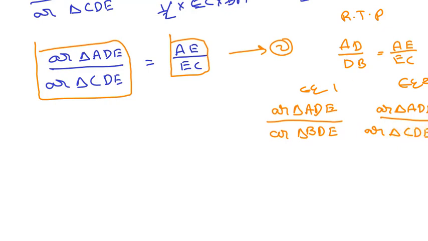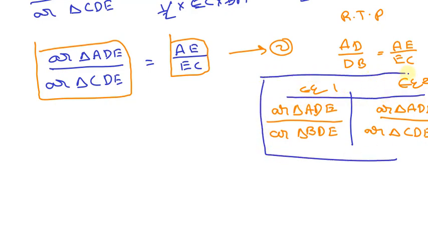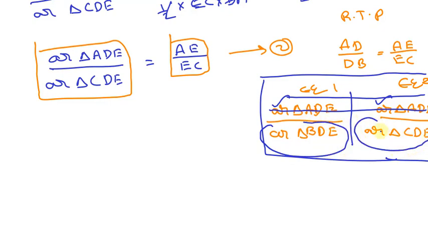If you observe both LHS parts, in the numerator, the area of triangle ADE is the same. That means the numerators are equal. Then to show these LHS parts are equal, it is enough to show that the denominator parts are equal. What are the denominator parts? That is area of triangle BDE and area of triangle CDE.